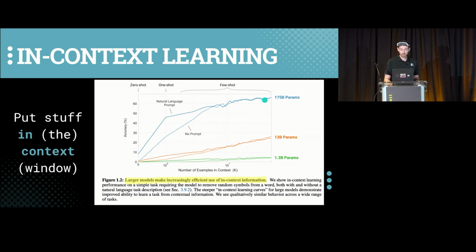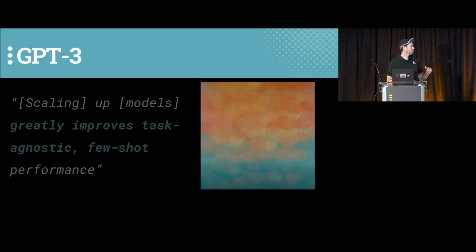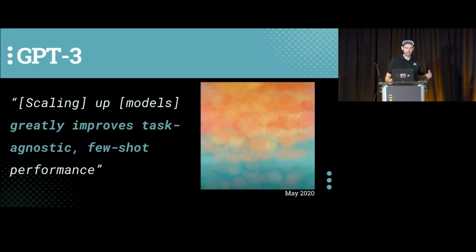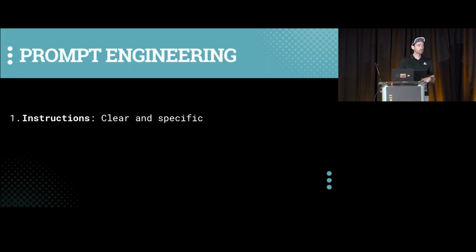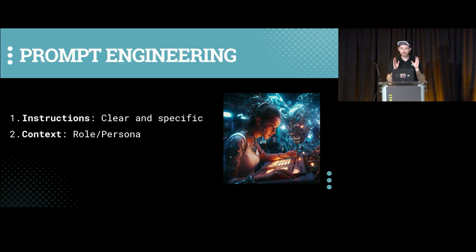We get much, much better very, very easily. And GPT-3 is like, okay, we can scale up. That's dope. And we started to learn some of these ideas of prompt engineering. Be very clear, be very specific. This is the number 1 rule. It still is. Make sure that your instructions are exactly followable to the letter.